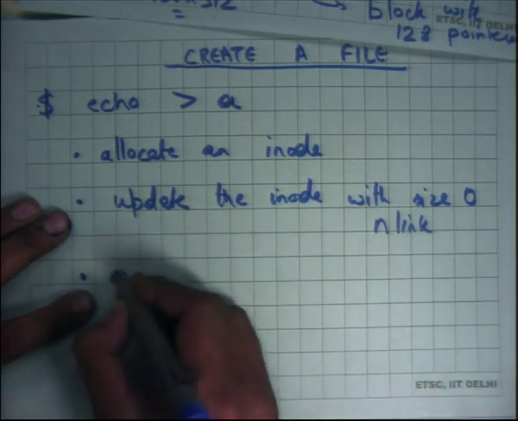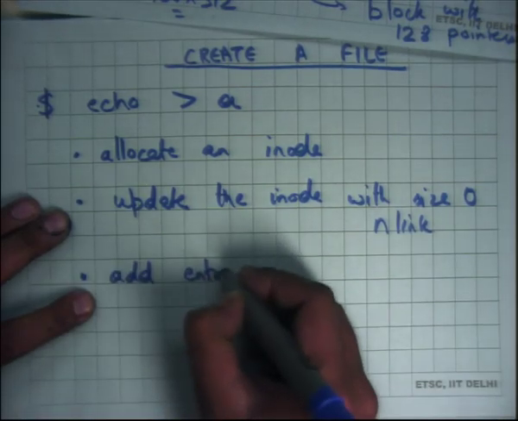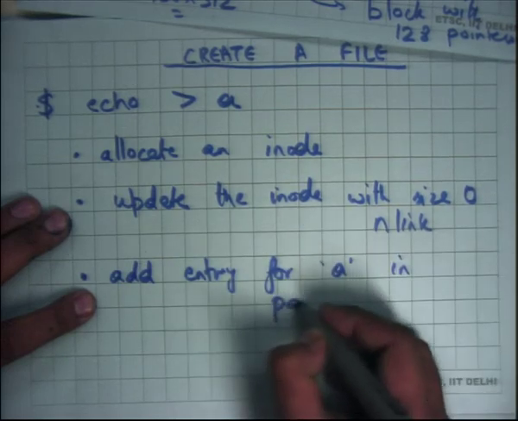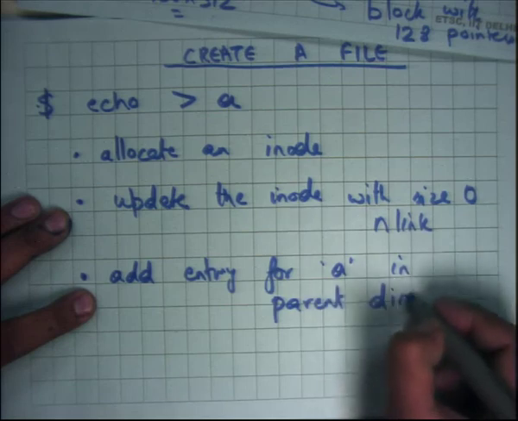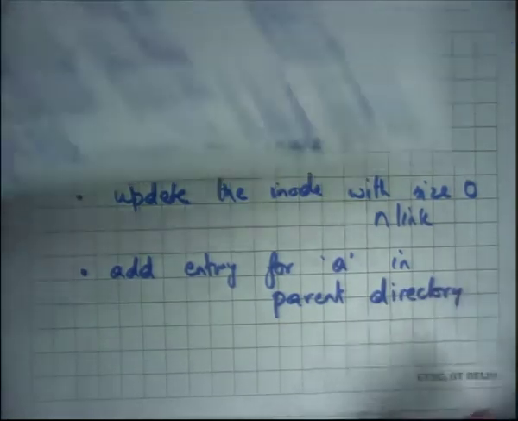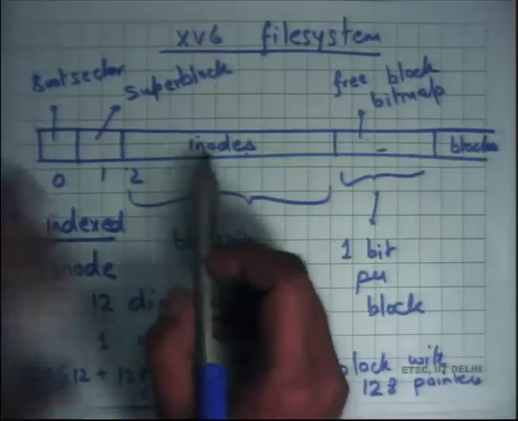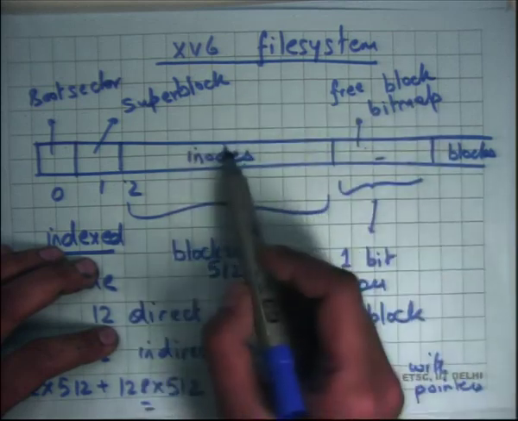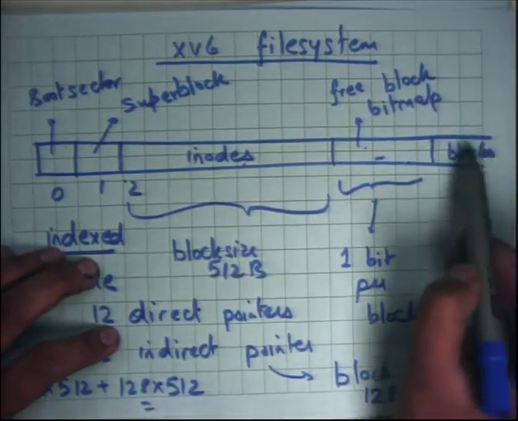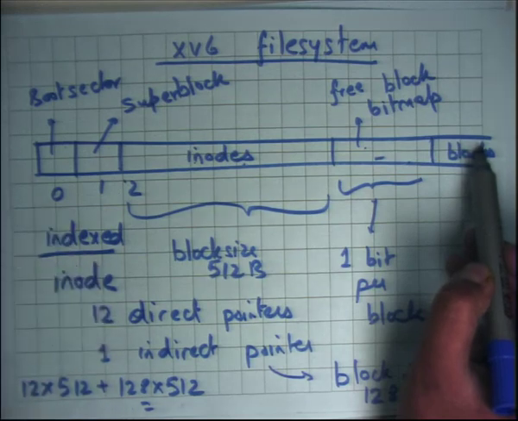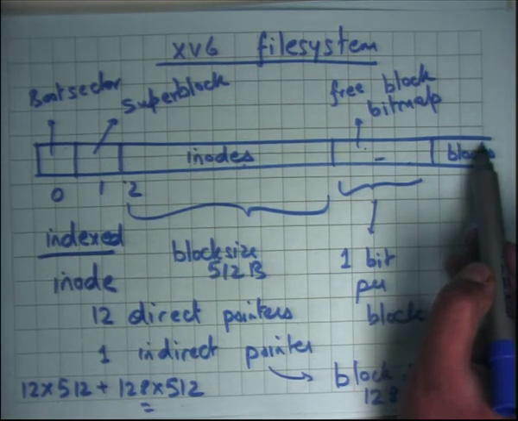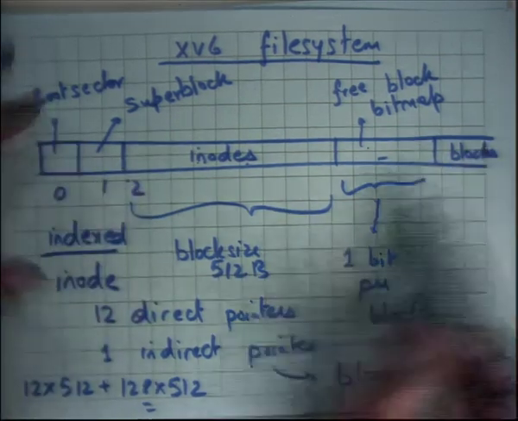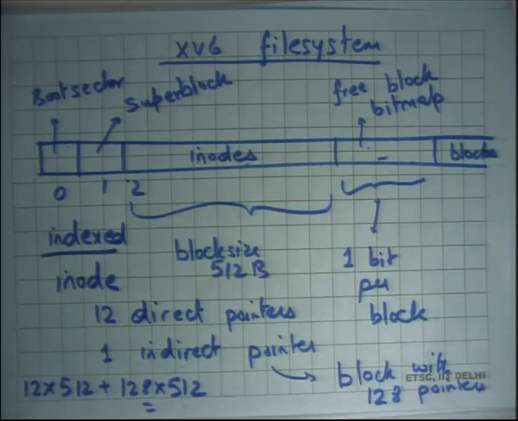Then you add an entry for A in the parent directory. How do you do this? You look up the parent directory's file, and the file contents are going to live somewhere here, and there you append to the directory's file another directory entry which has name equal to A and inode number equal to whatever you allocated earlier.